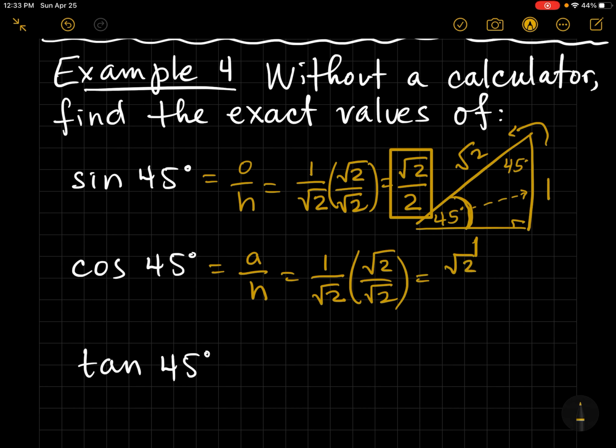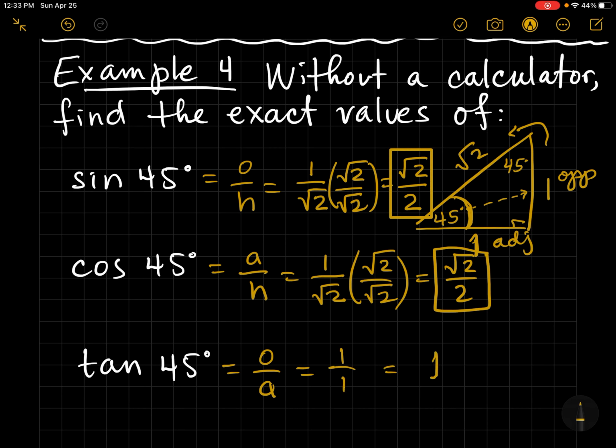The opposite and the adjacent have the same value. Alrighty, let's look at the tangent of 45. Tangent is opposite over adjacent. So opposite, adjacent. That's just 1 over 1, which is 1.